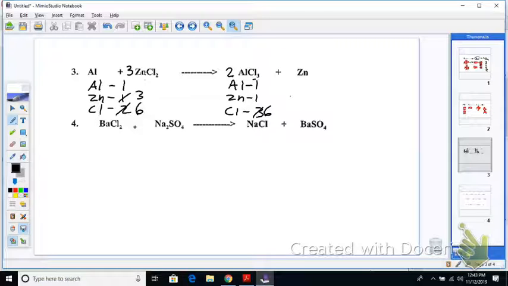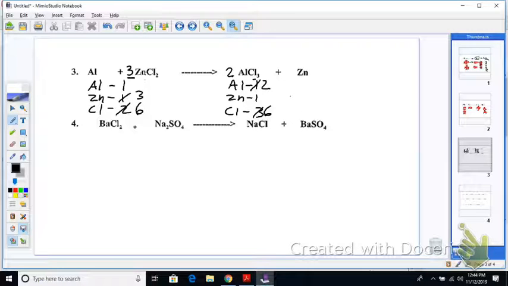And how many aluminums do I have? 2. Okay? I used to do this where I'd show the multiplication, and I don't like doing that because I think it can get really confusing. So I'll put a number like 3 in front of ZnCl2 to balance out my chlorines to get it to 6. And then I'll do the same with AlCl3. So they end up being 2, 3, 6.